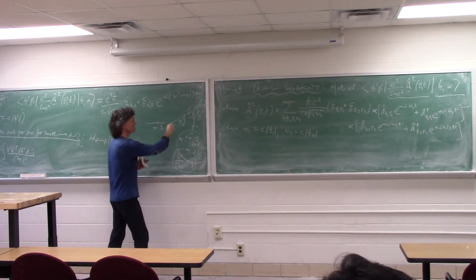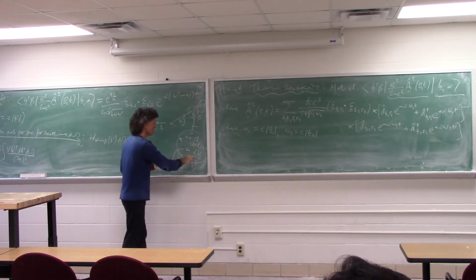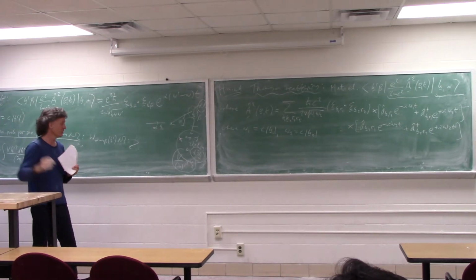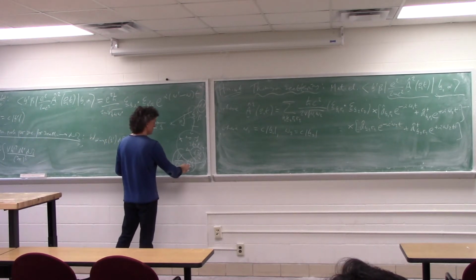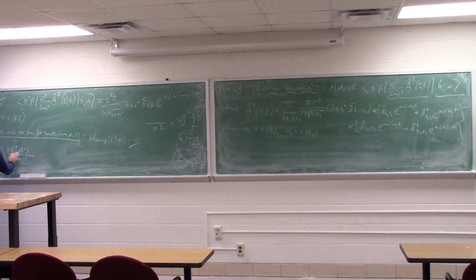Remember that we have to sum over all the states in this little interval d^3k in k space in order to get rid of the delta function. d^3k is just 4 pi k squared dk, and so this is where this comes from, and it's exactly like before.